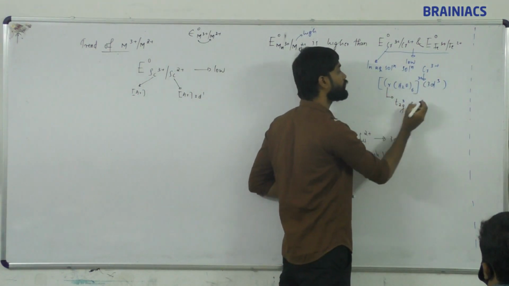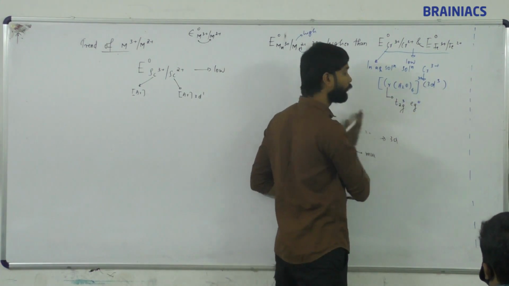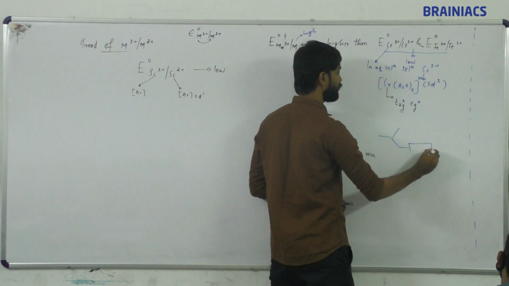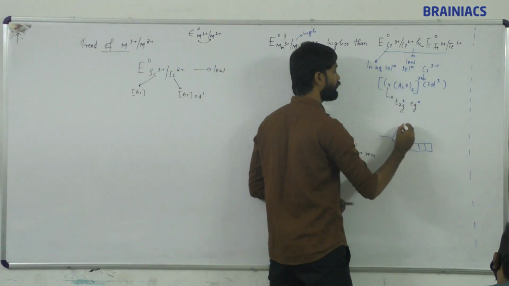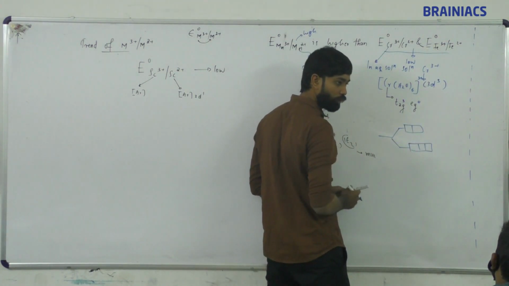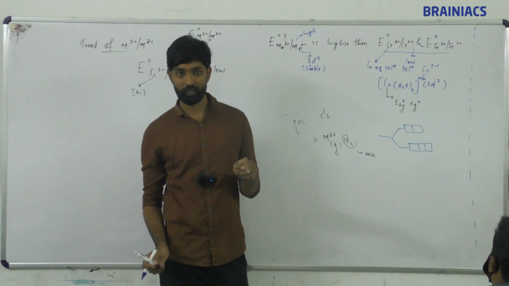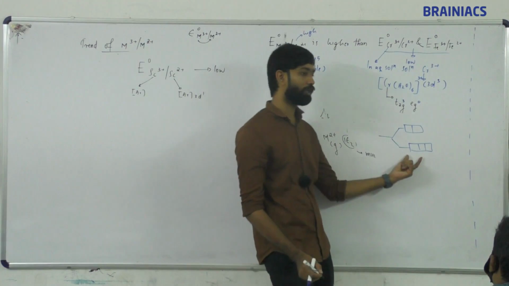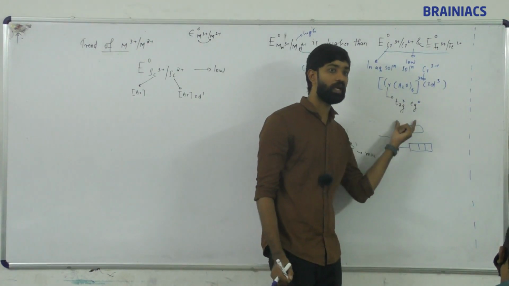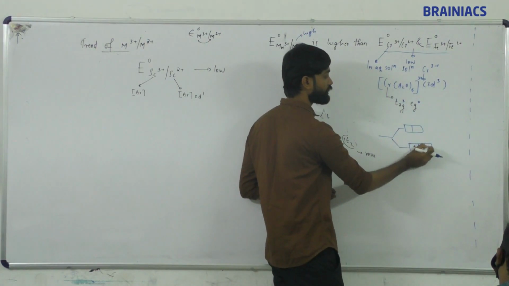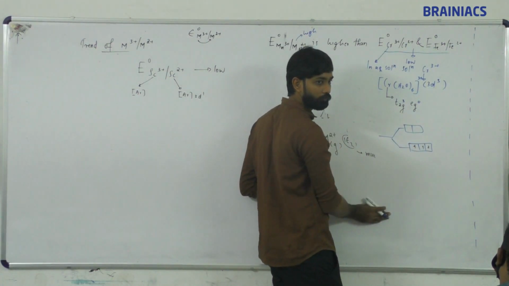Why? Because the T2g has 3 electrons. I think you are familiar with T2g and Eg. T2g means 3 orbitals and Eg means 2 orbitals. In an octahedral complex, the lower energy orbital is T2g and the higher energy is Eg. If this has 3 electrons, this is a perfect arrangement.